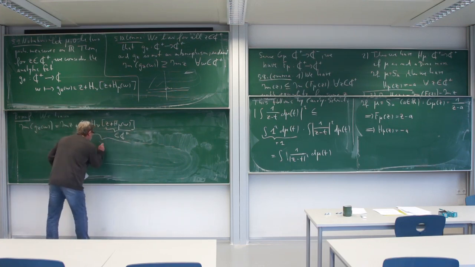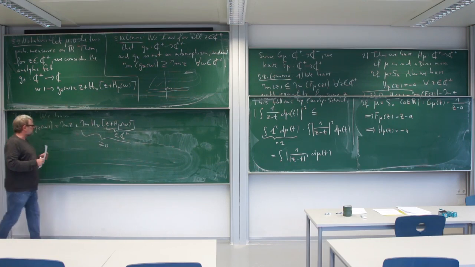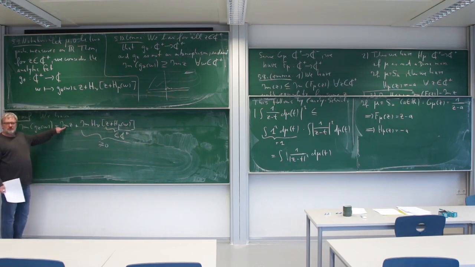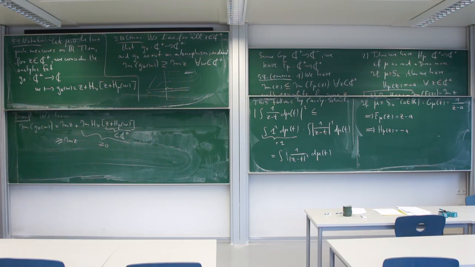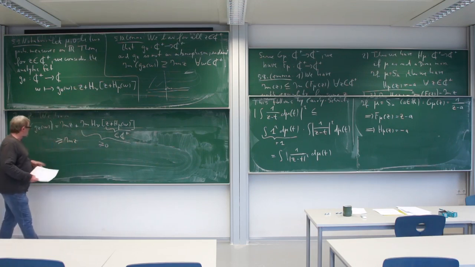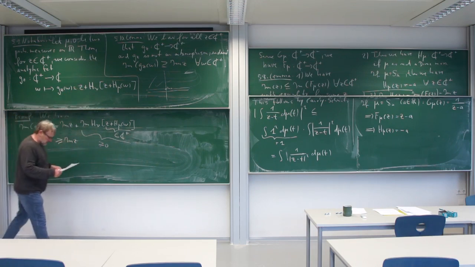This is good enough, so this imaginary part is greater or equal than 0, and so this means we always have this as a lower bound. So this here is greater or equal to the imaginary part of z, which is a constant if I'm fixing z. My variable is w. Good.